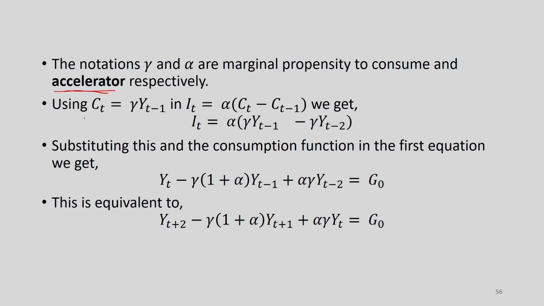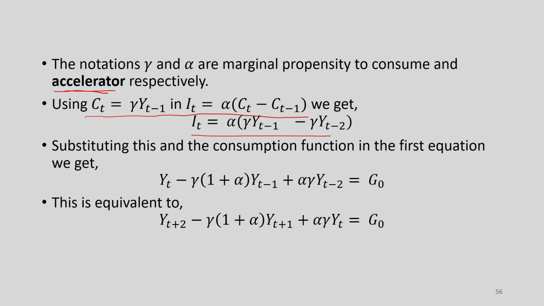Now, we are going to use these two relations, C_t is equal to gamma y_(t-1) and I_t is equal to alpha (C_(t-1) minus C_(t-2)). We can combine these two things together and we get I_t is equal to alpha multiplied by (gamma y_(t-1) minus gamma y_(t-2)).